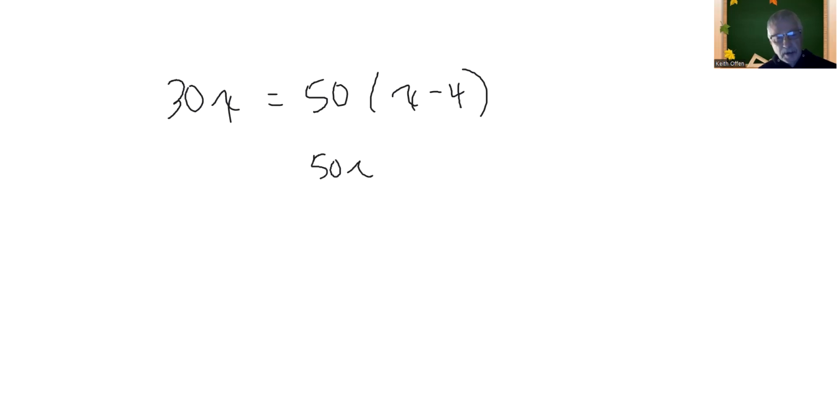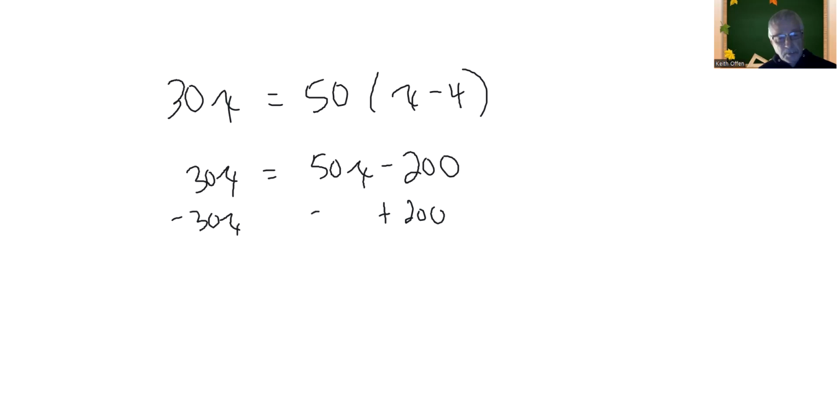We have 30X equals 50 times X minus 4. We use the distributive property: 50 times X, so 50X minus 50 times 4, which is 200. That's equal to 30X. The way I would do it, keeping everything positive, is put plus 200 here and put minus 30X here.